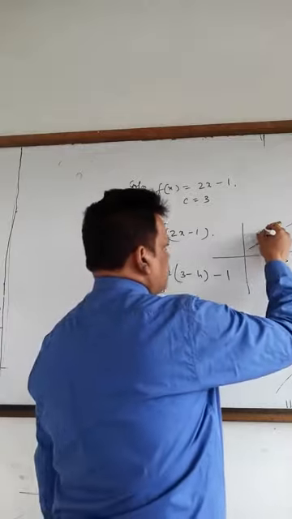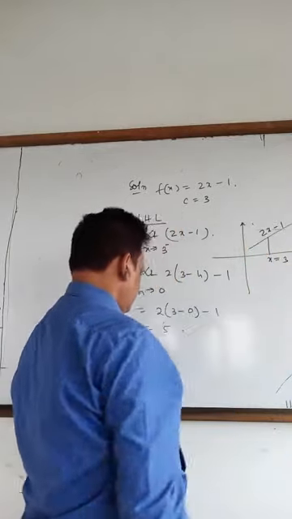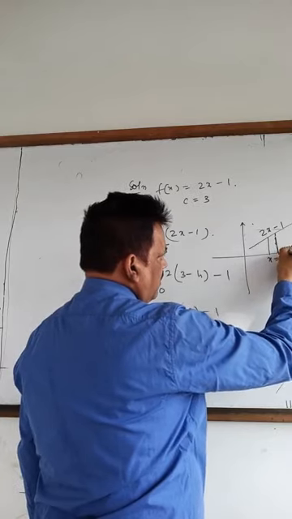This is 2x minus 1. Right hand limit means limit x tends to 3 plus. Now the point is 3, so 3 plus, of 2x minus 1. That means you are taking a neighboring point here. This is 3 plus h.